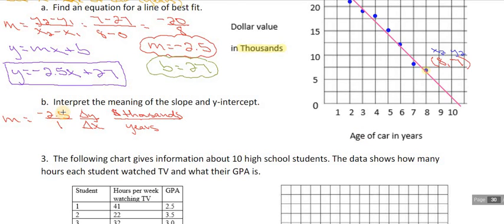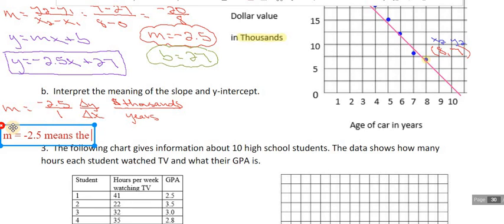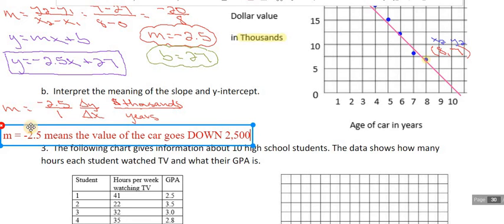So down $2,500 every 1 year is what our slope represents. And we didn't need to just pull that out of left field. Use that delta y, change in y over change in x, rise over run. Use those labels to your advantage. So m, which is negative 2.5, means the value of the car goes down $2,500, right? 2.5 thousand would be $2,500 every year.